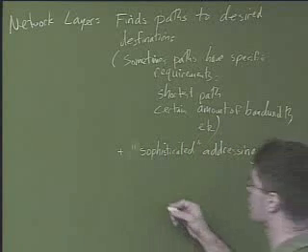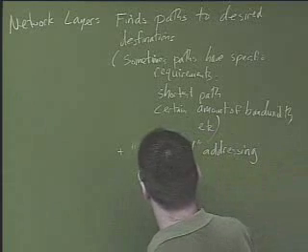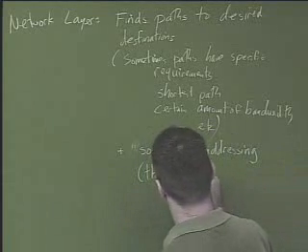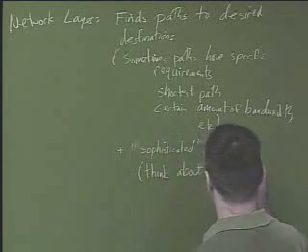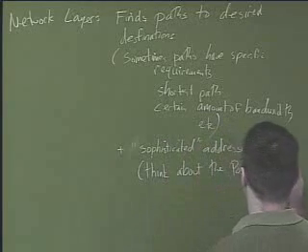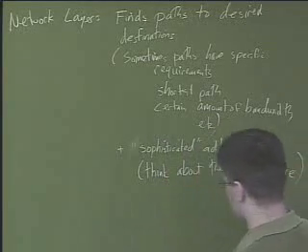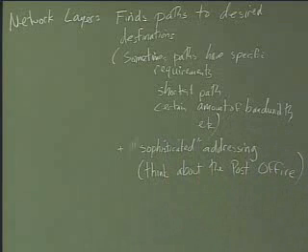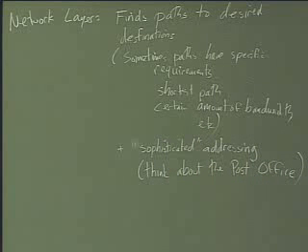Think about the post office. In fact, you can tell the researchers in the networking community, when they dealt with routing, got a lot of ideas from systems that already worked in practice.